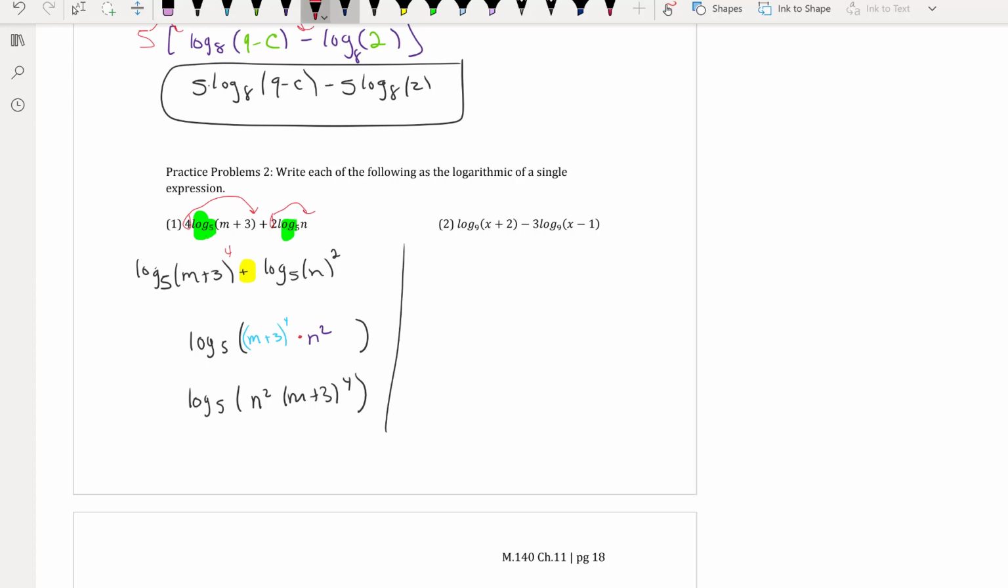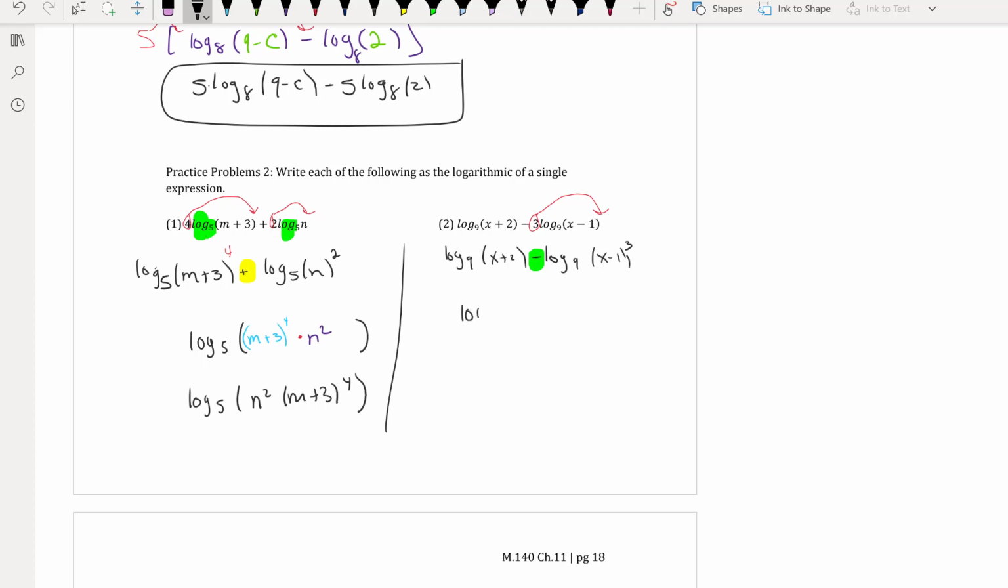So for part 2, I have this power, so I'm going to bring it up on top. So I have log base 9 of x plus 1 minus log base 9 of x minus 1 to the 3rd power. Now I see that this is subtraction. When it's subtraction, I'm going to change it into division.